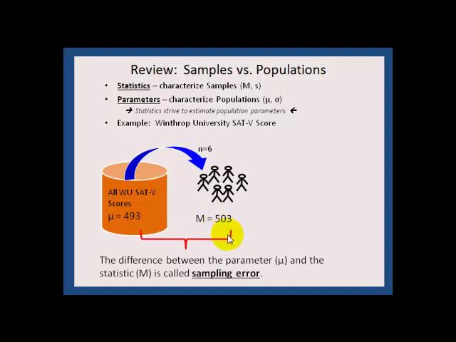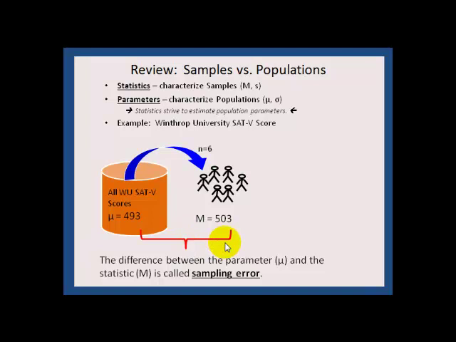The difference between population mu and sample mean is sampling error. And that's what goes on the bottom in your t-test formulas. That's the difference that you expect just based on sampling error, and that's always some measure of standard error.